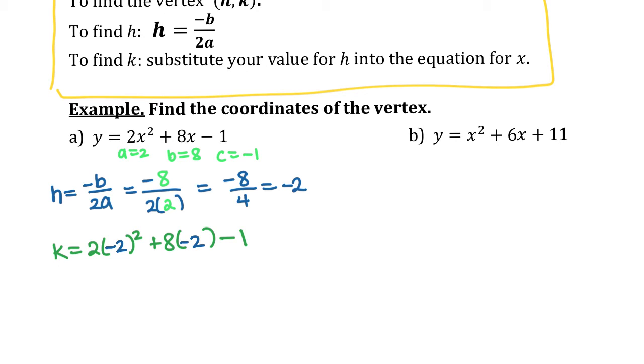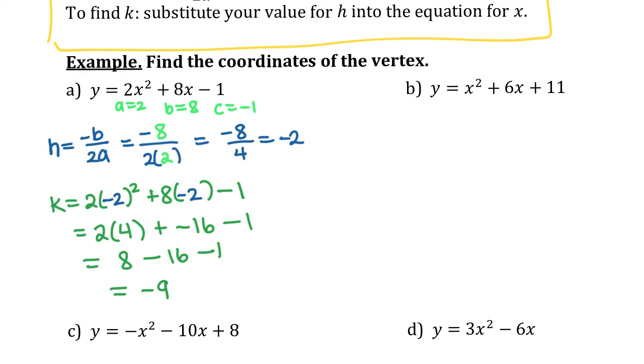Okay, and then I evaluate this very carefully. 2 times negative 2 to the second power is 2 times 4, which is 8. 8 times negative 2 is negative 16. So 8 minus 16 minus 1 is negative 8 minus 1, negative 9. And if you want to, you could put that in a calculator.